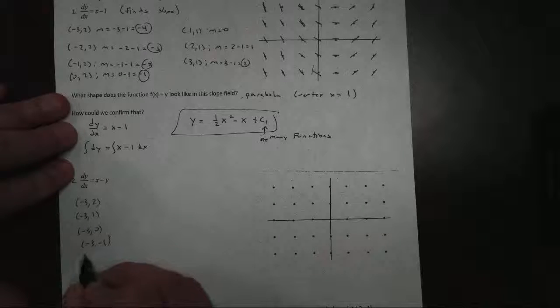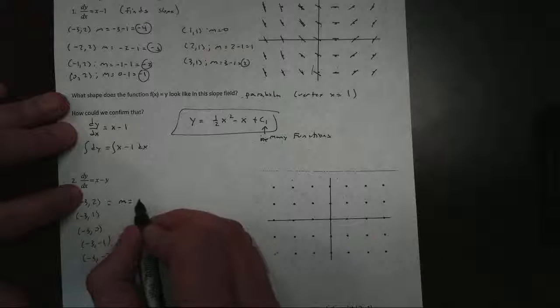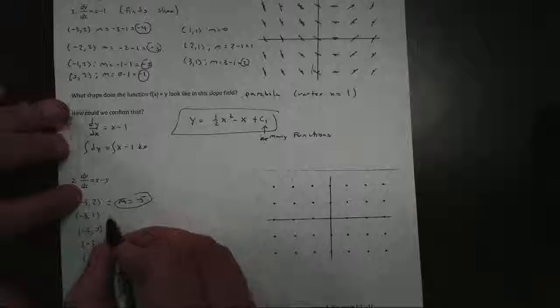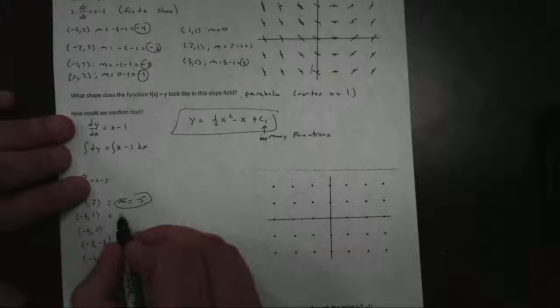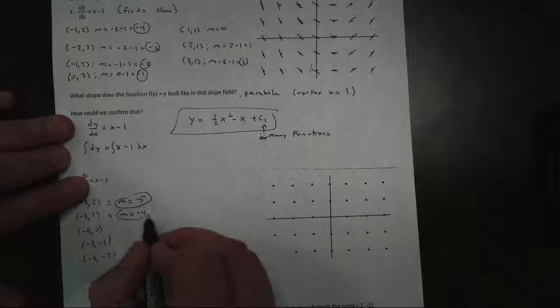So what I would do is I would list out all the points. -3, 2, -3, 1, -3, 0, -3, -1, -3, -2. And I would find each of their slopes. For the first one, I get a slope of -5. Here, -3 minus 1, my slope is -4.